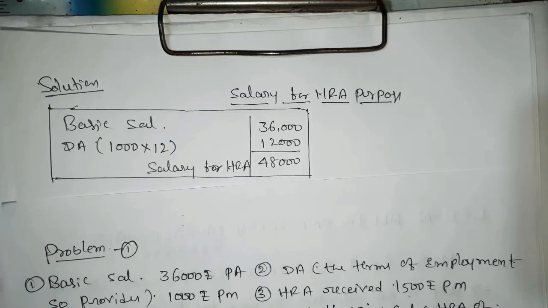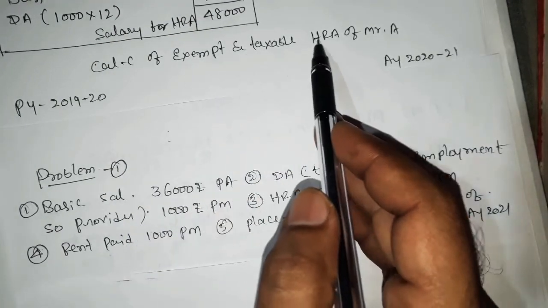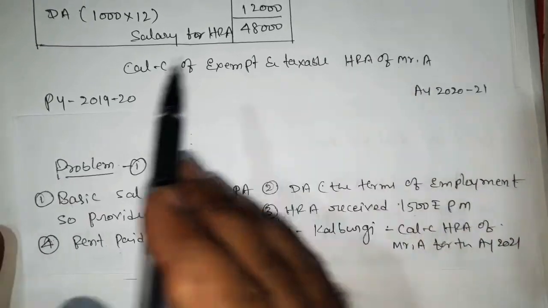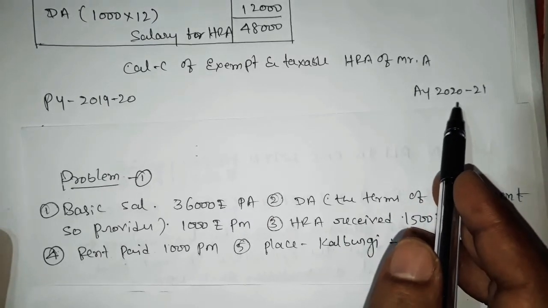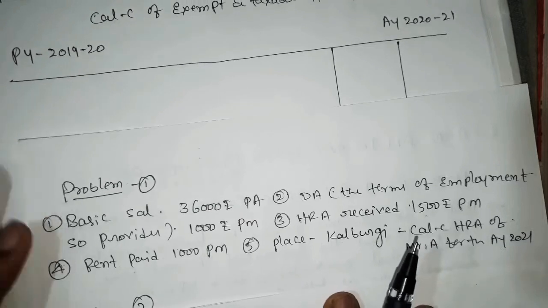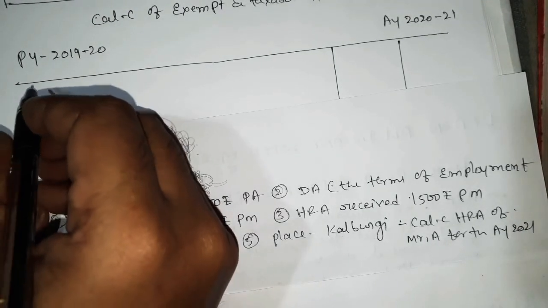Further, we will go for the calculation of exempt and taxable HRA of Mr. A, for the previous year 2019-20 and the assessment year 2020-21. Firstly, we will start with number 1, the actual HRA received.